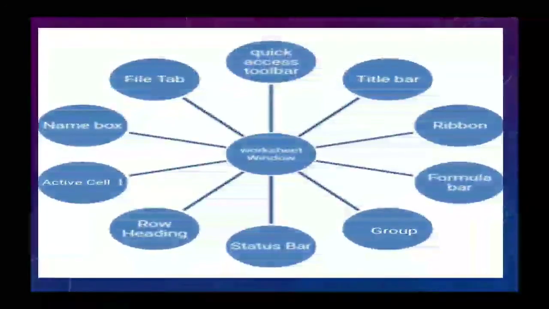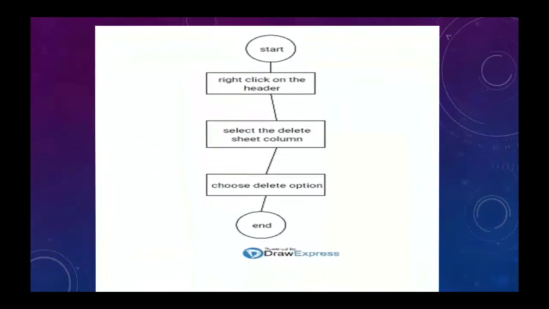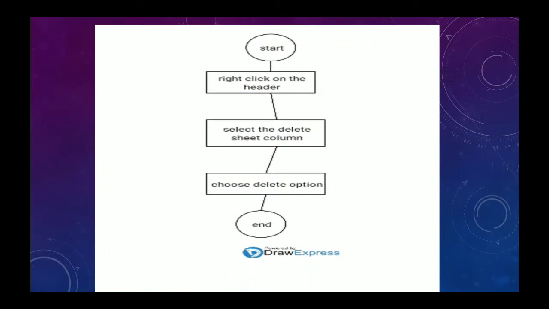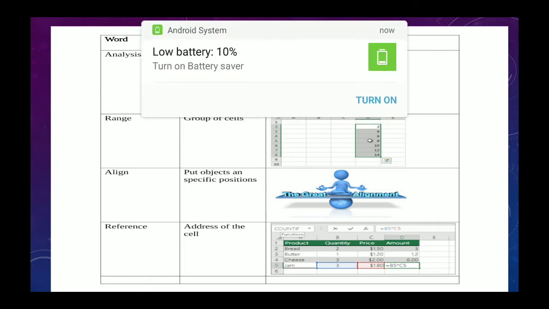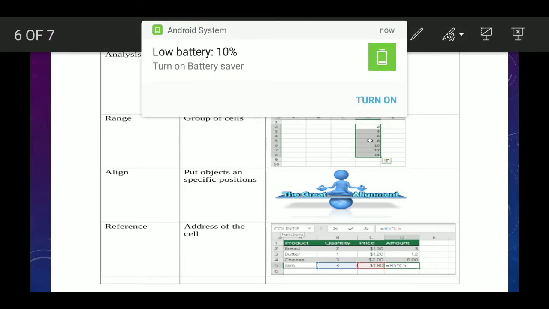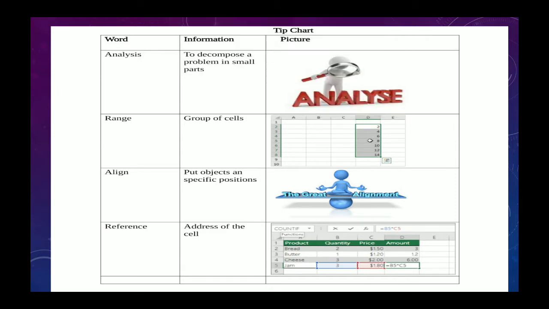This is the second diagram, and the next diagram is a flow chart that we are going to discuss right now in this chapter. And the final diagram, as you know, is a tip chart. Okay, so these are the diagrams. About these diagrams we are going to understand some concepts and discuss each of the diagrams in detail.